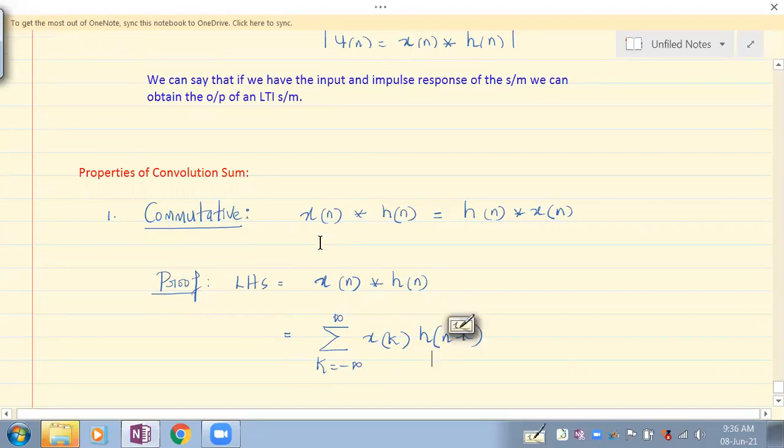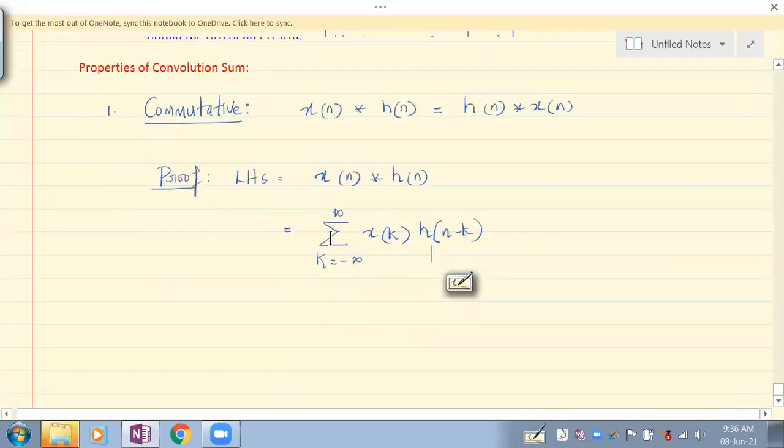Now let's do this. Everybody just make this. Okay, substitute n minus k as m. So let's do this because I need to prove this as the RHS, right? So for that, let's substitute n minus k equal to m. So what happens if I substitute n minus k as m is the question.